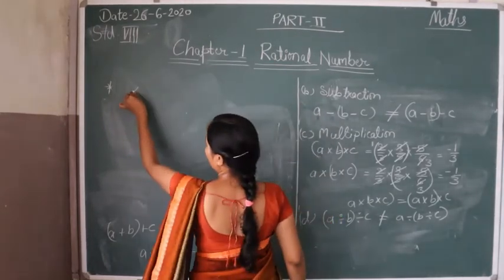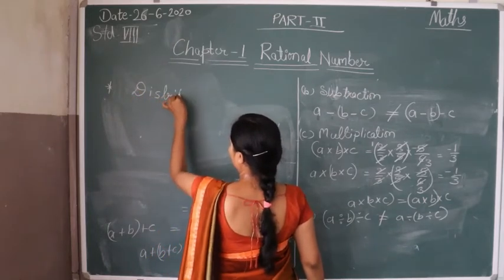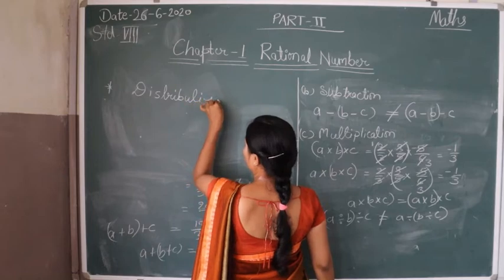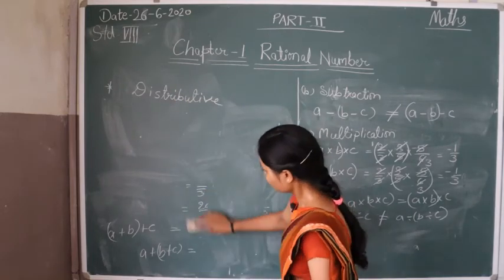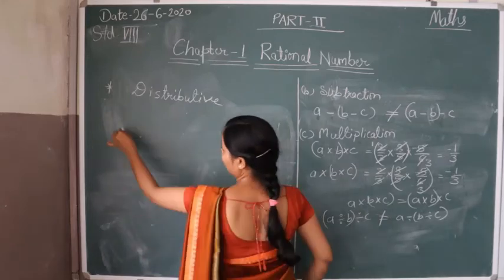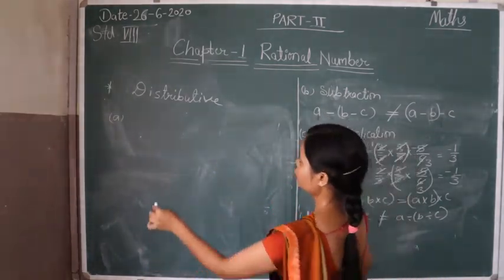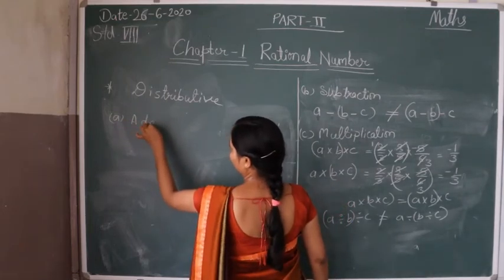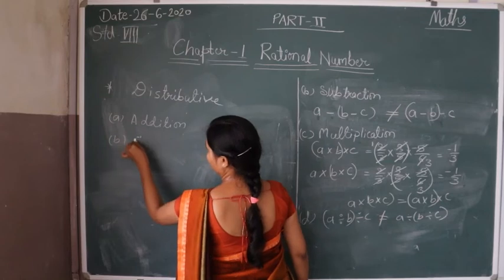Students, I will give you homework. The next property is the distributive property. You have to solve this for addition and for subtraction.